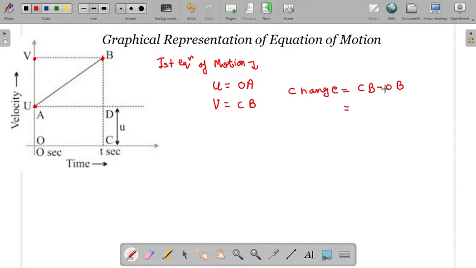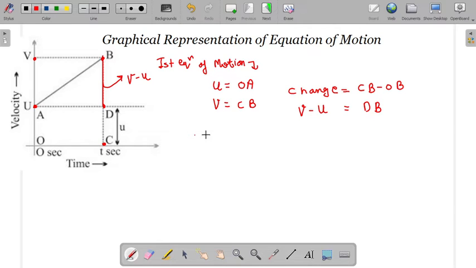This is point C, this is point B. So CB minus OA gives us this line, which is representing the change in velocity, that is V minus U. Since this point is D, we can write it as DB. So DB is the value representing the change, that is V minus U.